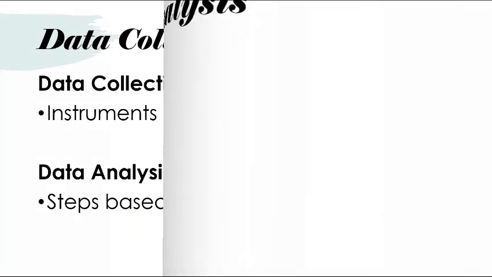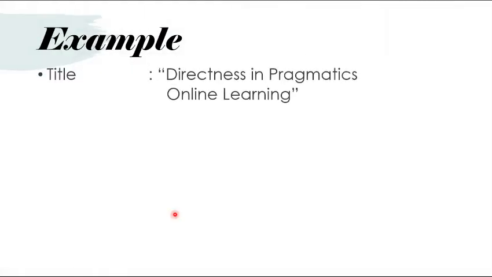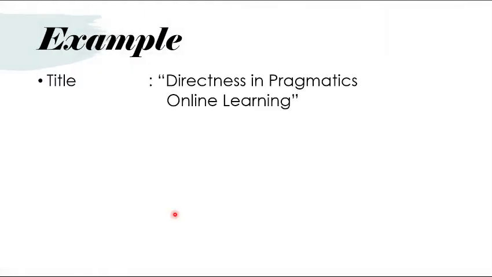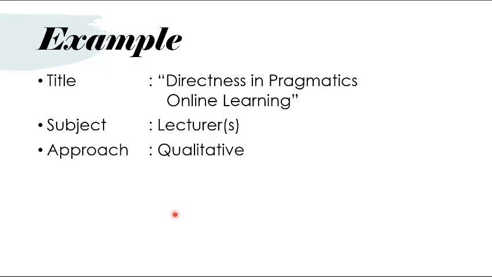Okay, so let's check it out. Here we have the example. Title, yang kemarin juga kita sambung, Directness in Pragmatics Online Learning. Okay, jadi directness dalam online learning kelas pragmatik. Subject adalah lecturer, kalau misalnya lebih dari satu. And then approach, of course, karena yang ingin kita lihat adalah bagaimana sih proses directness-nya atau penerapan directness dalam kelas pragmatik itu seperti apa.